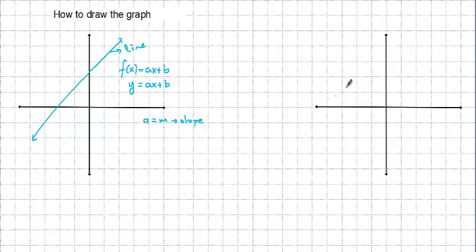Okay, the second one is the parabola. The second form is the quadratic function, and the graph of the quadratic function is a parabola. y equals f(x) equals ax squared plus bx plus c form, and when it is passing through the origin, this is generally the ax squared form.